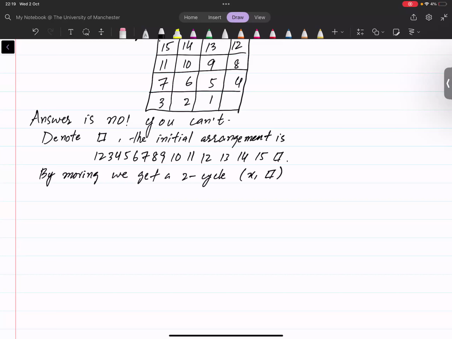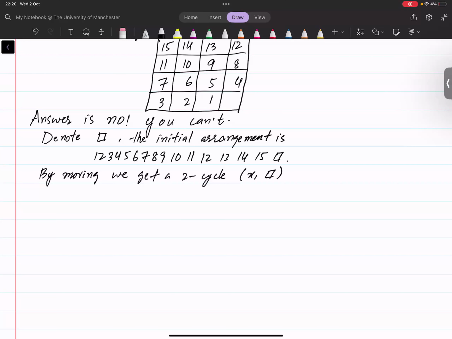Since each move is a two cycle, the effect of the sequence of moves is a permutation that is a product of an even number of two cycles. So by proposition 20.5, this must be an even permutation. However, we are looking at a sequence of moves that affects the permutation. So which permutation are we talking about?